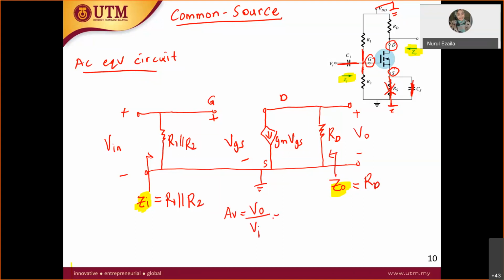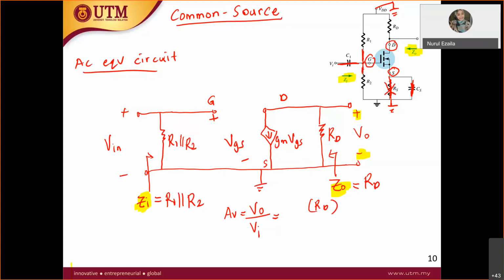For V out, same like in BJT, what will be the V out? V out is I times R. This positive minus V out is the voltage across RD, so we know that you have to put RD over here.